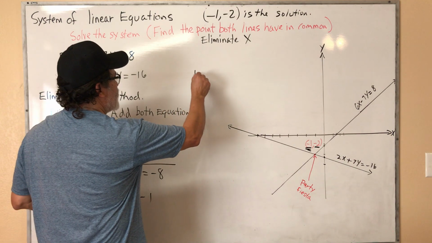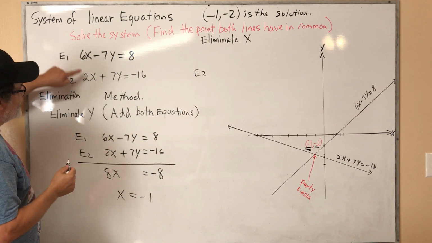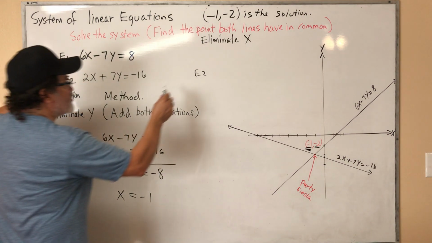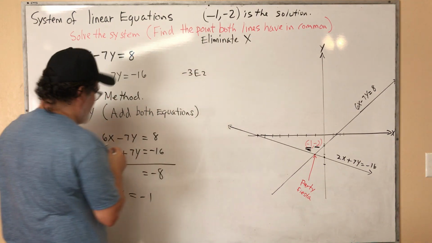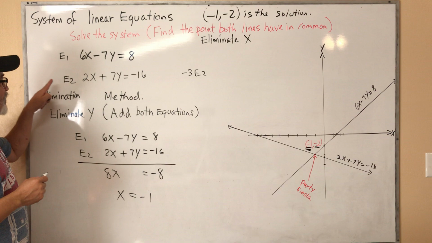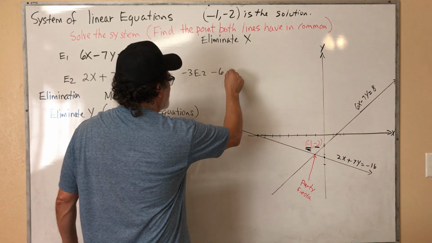I'm gonna take equation 2. I want to make it the opposite of this, so I'm gonna multiply this by -3. I gotta multiply the entire equation by -3. Okay, let's do it. What's -3 times 2x? -6x.